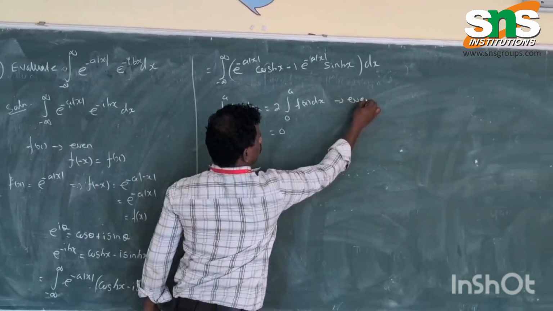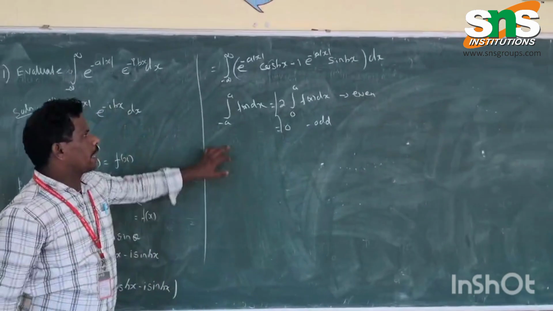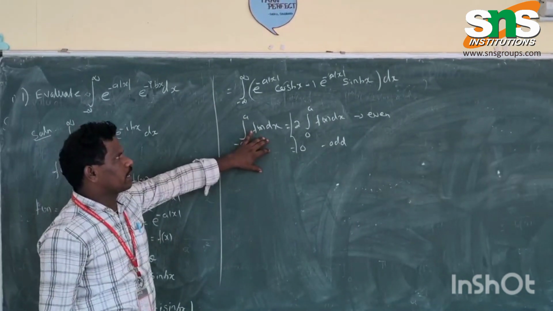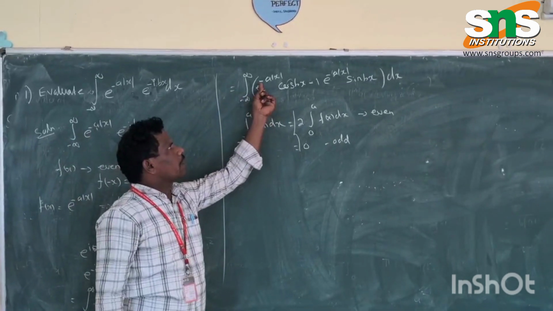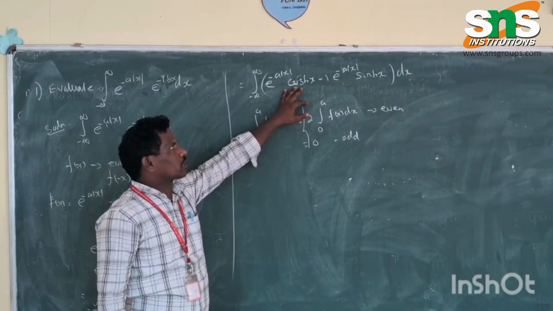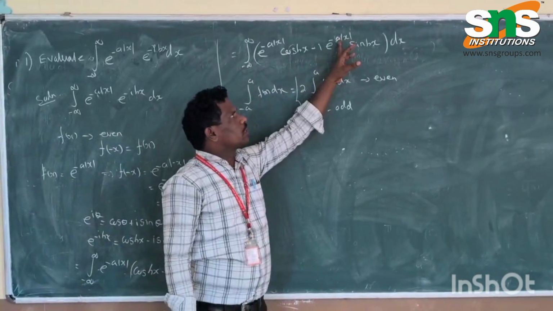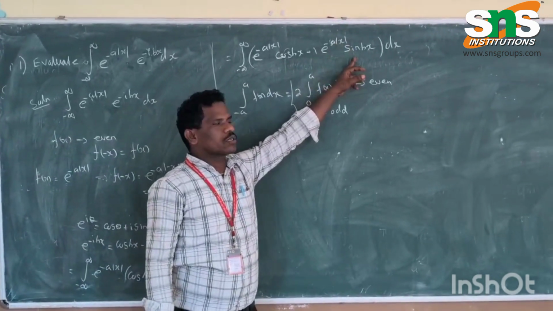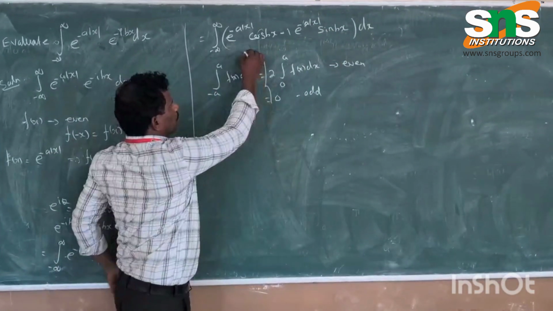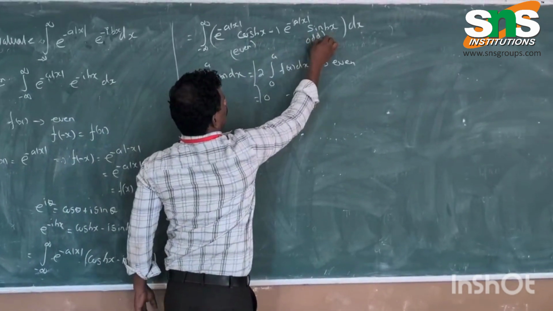This is the definition of the integral from minus a to a, where the limits are the same number with only the sign changed. So the first one, e power minus a mod x, is even, and cos x is an even function, therefore even function into even function is an even function. The second one: the first is an even function and the second is an odd function, therefore even function into odd function is an odd function. Therefore the first integration is even and the second integration is odd.